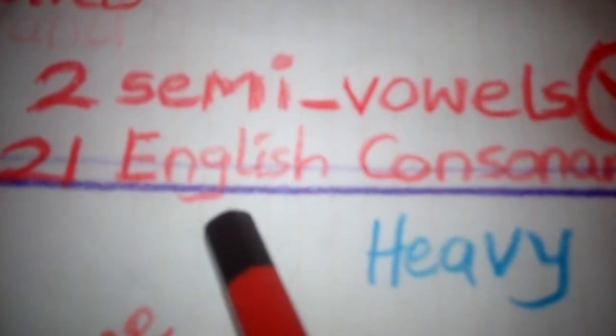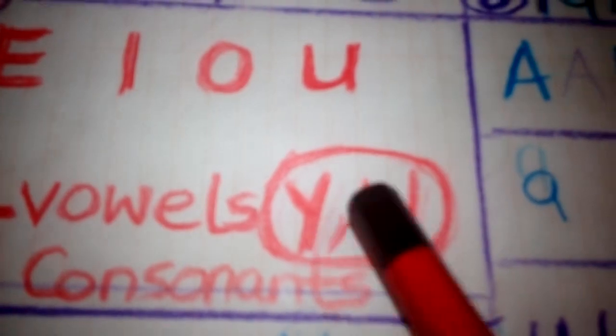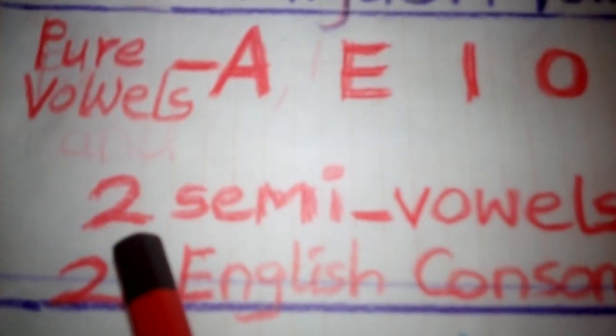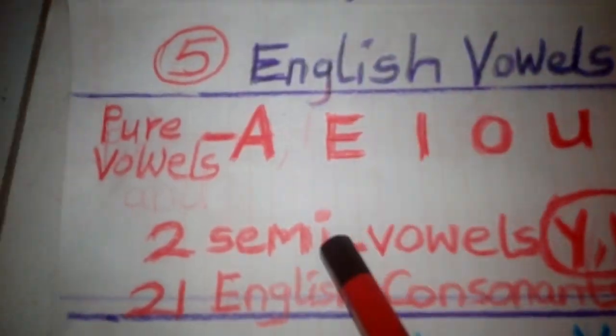So they have 21 English consonants, including this Y and W. They are consonants, but at times they act as a vowel. That's why we call them semi-vowels in English.